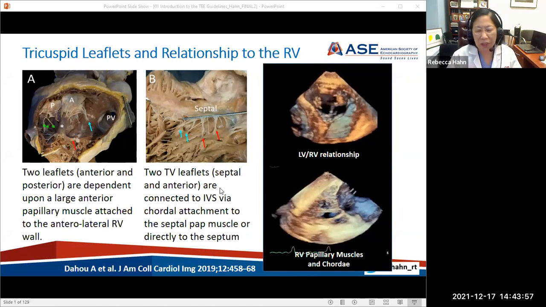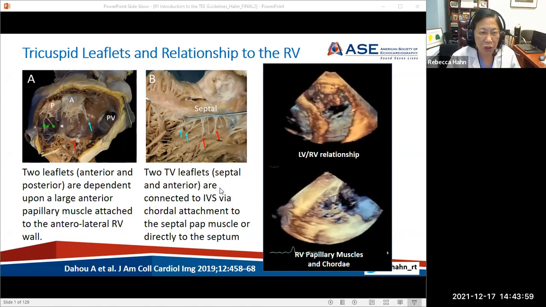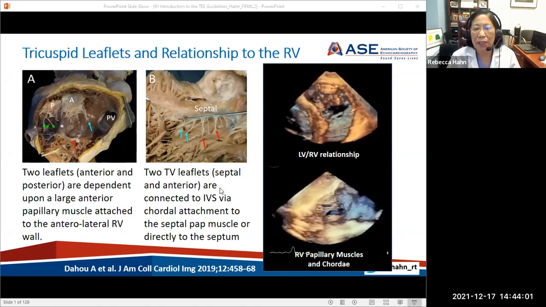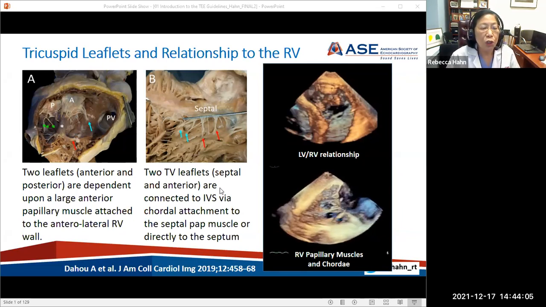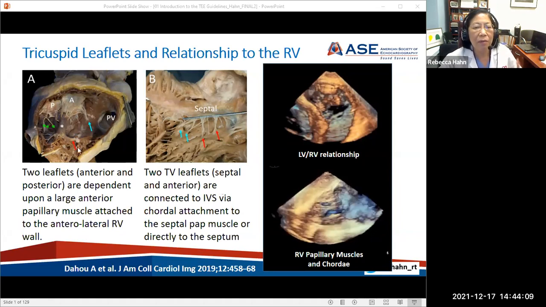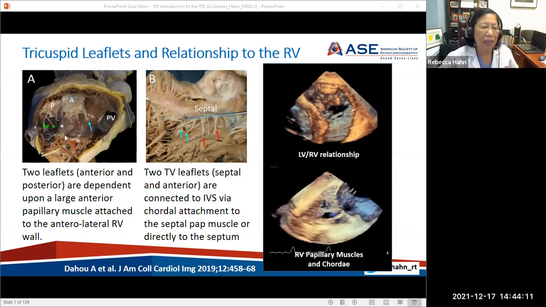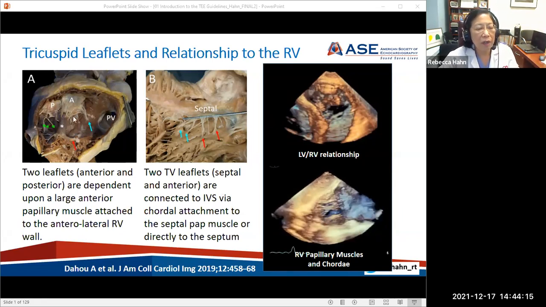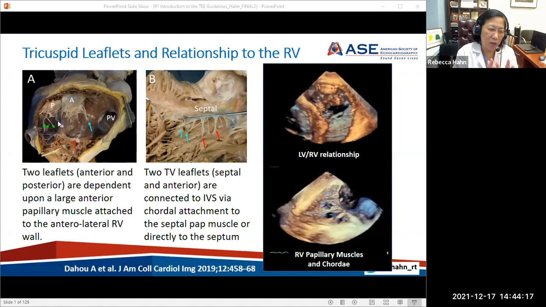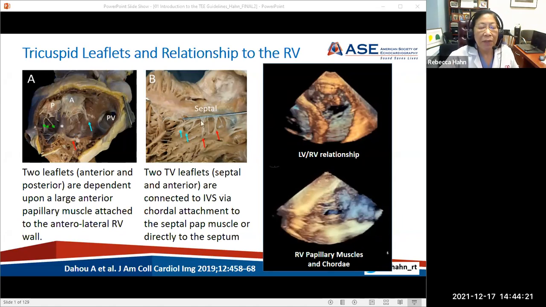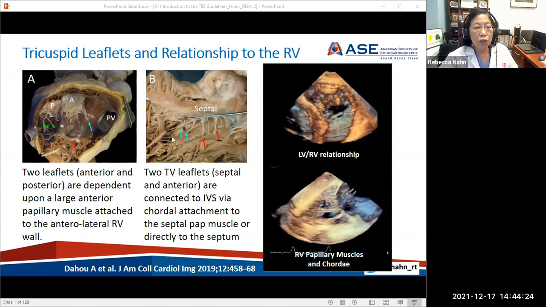And all of it is tied together with the tricuspid valve, because the tricuspid leaflet in relationship to the RV is, as you see here, rather intimate. So you have two of the leaflets being attached to the main dominant, typically anterior papillary muscle, and that is going to send off a chordal apparatus to both the posterior and the anterior leaflet, and then the septal leaflet, and then you're going to have other secondary papillary muscles as well.